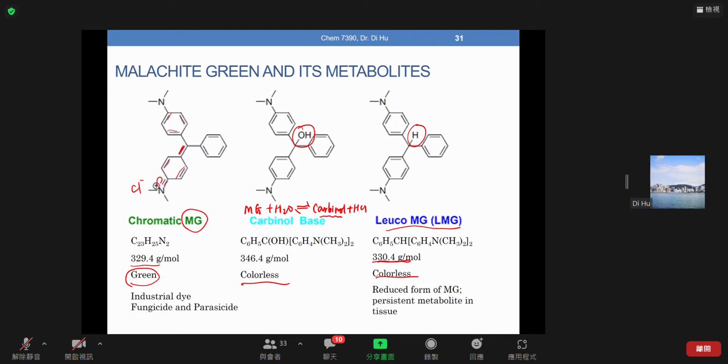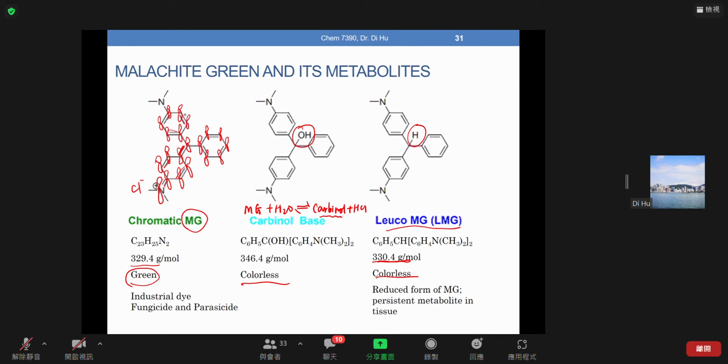Because one of the electrons already lost, positive charge, and you see the pi orbital here, here, here, here, here. So methacon green has a very large, delocalized pi bond.